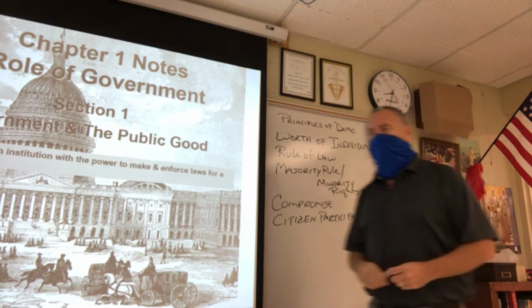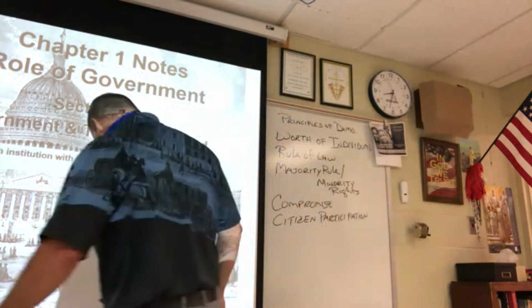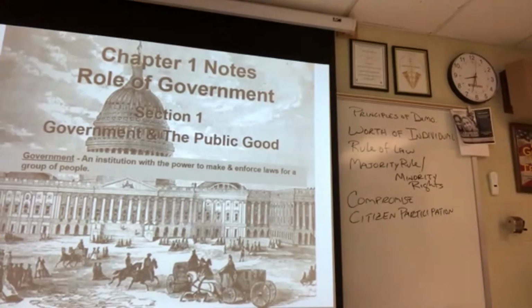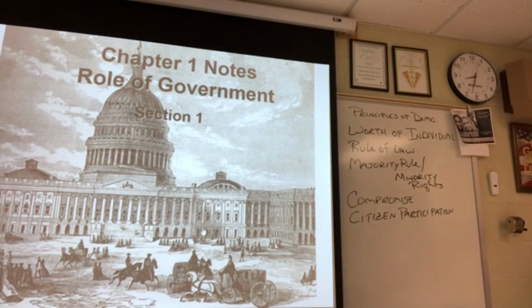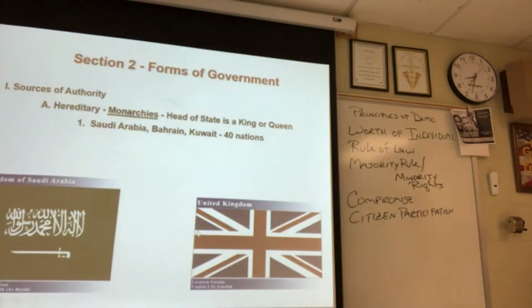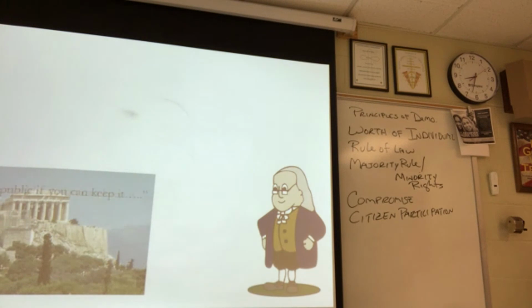That's why I have that picture of Ben Franklin up here, which says, a republic, if you can keep it. If we don't participate, then others will make decisions for us. And it doesn't work.